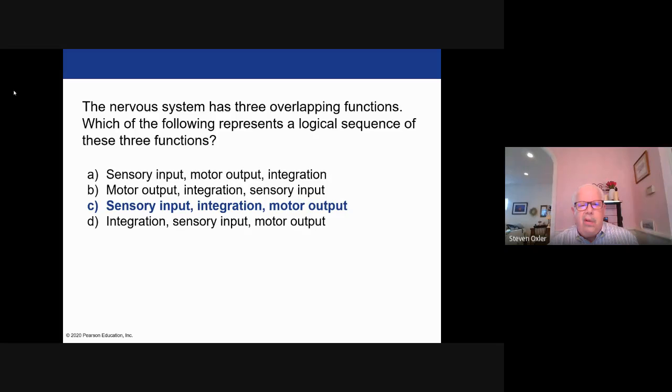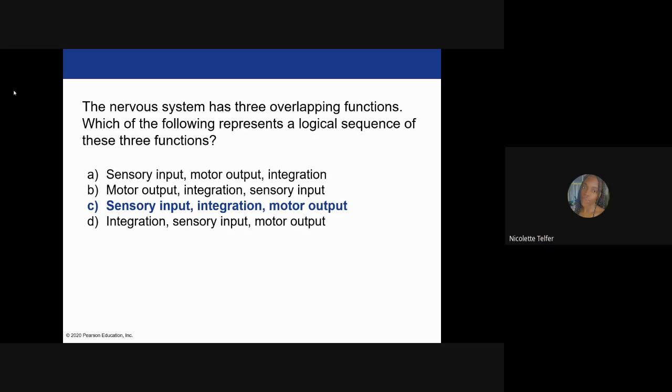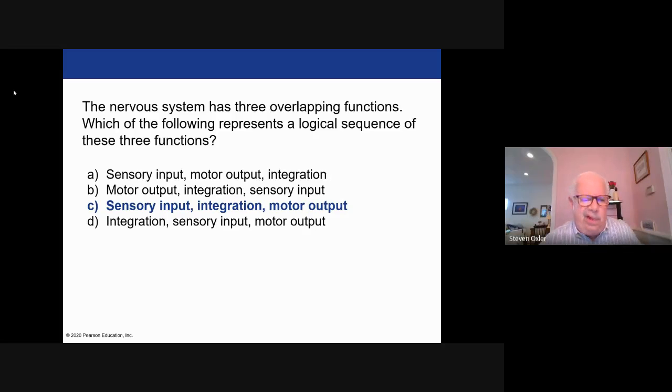The question is, is sensory input efferent or afferent?